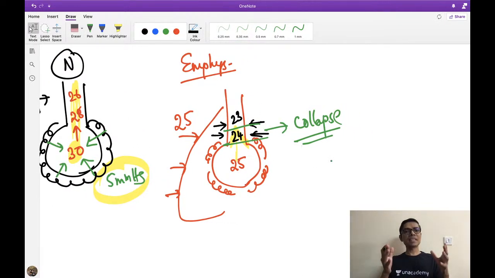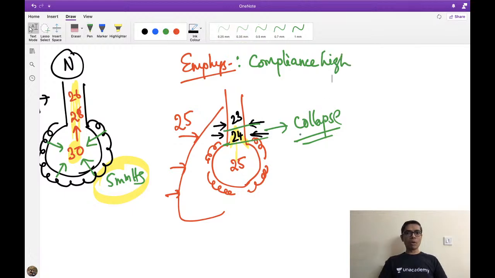Because of this collapse, what is going to happen? The person has taken a huge amount of inspiration. Why? Because we have just discussed that in an emphysema patient the compliance is high. What do you mean by high compliance? High compliance means during inspiration there will be a huge expansion of the lung. So when the emphysema patient is taking inspiration, there will be very little problem because the lungs are very loose.